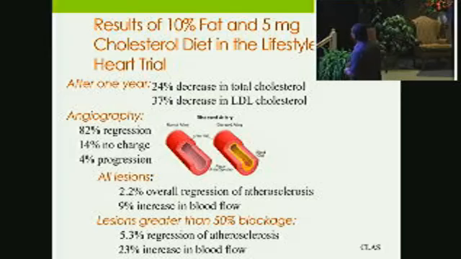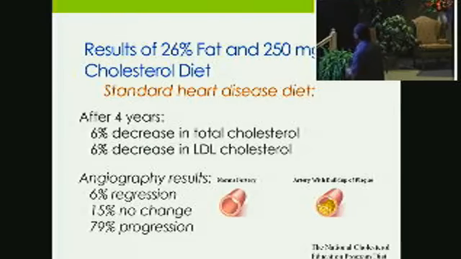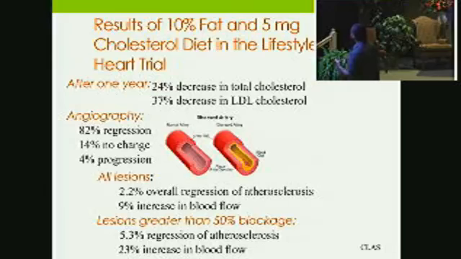Now, when you compare that to a 10% fat, 5 milligram cholesterol diet, you have 82% regression, instead of a mere 6%. So the fat content seems to have something to do with it, and the cholesterol content even more.